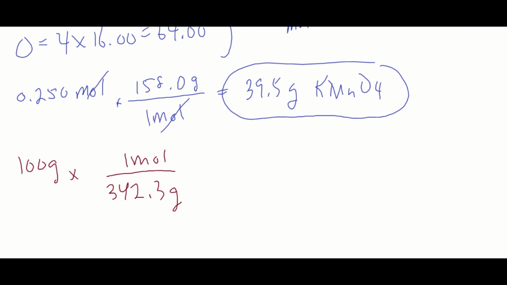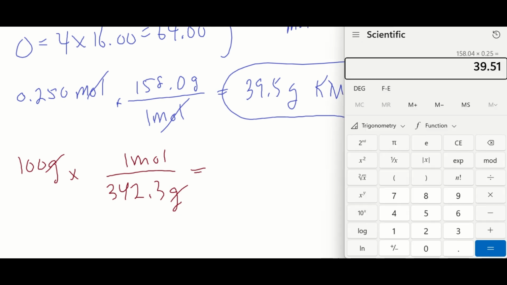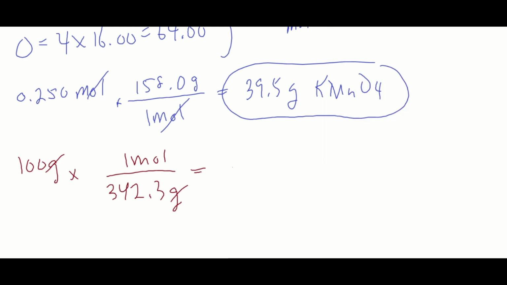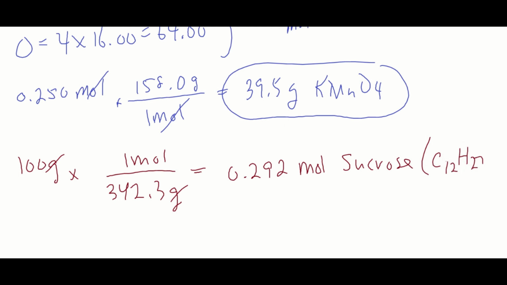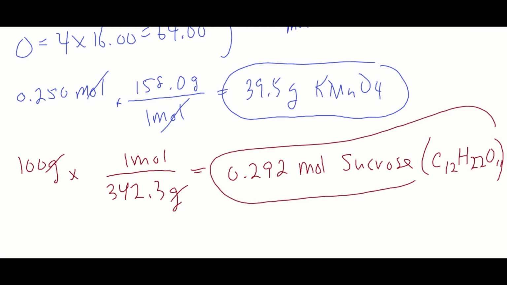We need the grams on the bottom now to cancel out the grams that we started with and end up with moles. So it's 0.292 moles of sucrose, or C12H22O11. That's just table sugar, by the way.